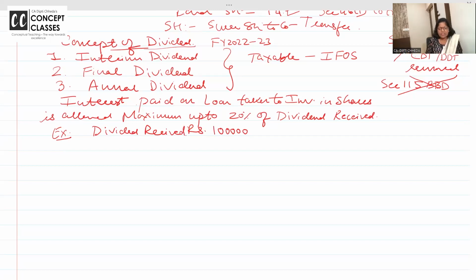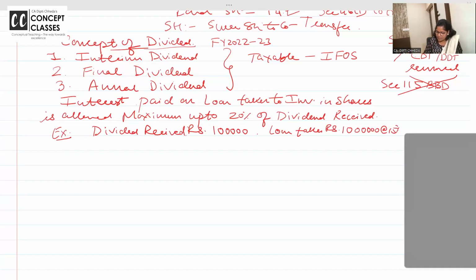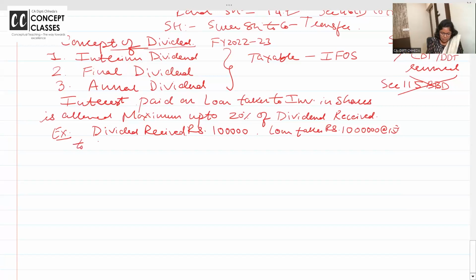Example, dividend received is rupees 1 lakh. Now you have taken loan rupees 10 lakhs at the rate of 15% to invest in shares.